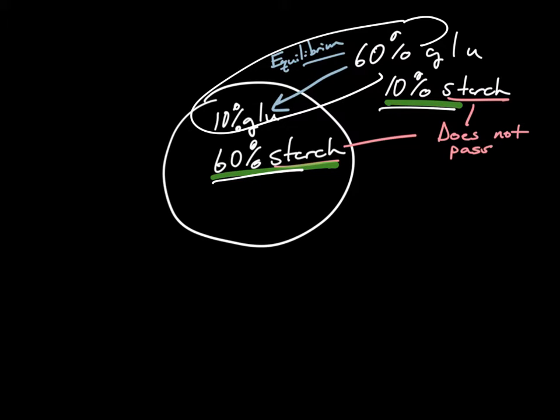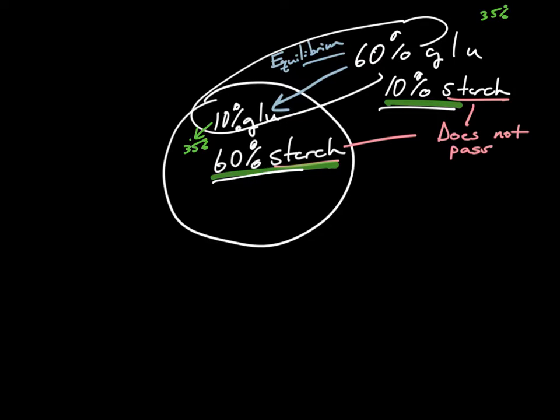Let's just say, for argument's sake, that this turns out to be 30. This moves to 35%, and here's 35% out here, just for argument's sake. So that's equal.